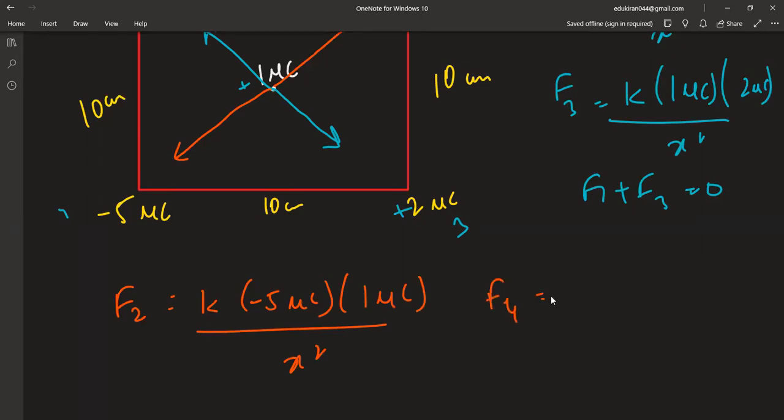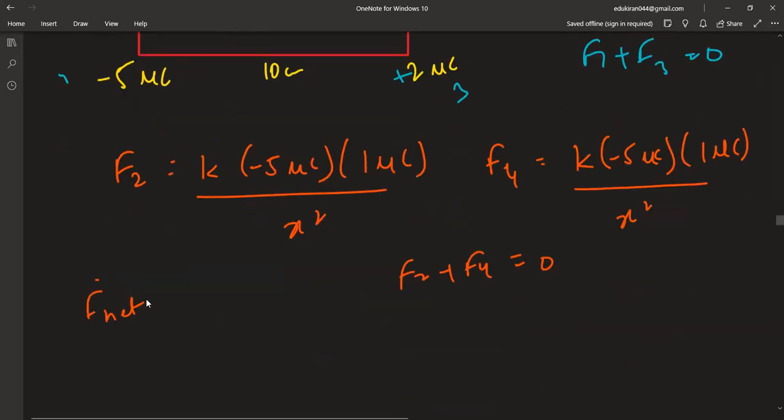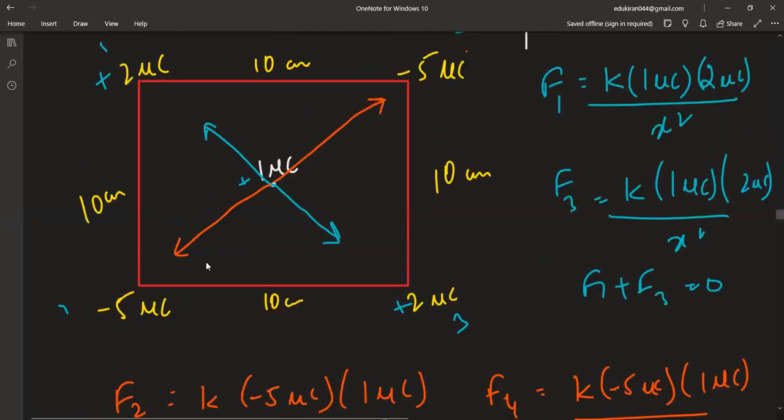So F4 will be K, minus 5 microcoulomb, 1 microcoulomb by x square, right? F2, F4, both are also equal. Again, F2 plus F4 will also be 0. It means the net resultant force will be 0. Why? Because they will also be cancelling each other. Clear, Tarif, now?